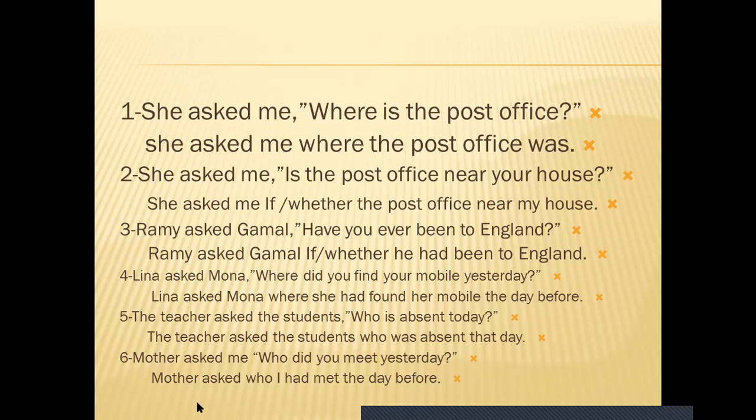Here I'm going to write the subject pronoun: mother asked me who. Here you means me, so I, who I, and the verb here is didn't meet. Didn't meet equals met. It is in the past, so I'm going to change it into past perfect. So who I had met, and yesterday will be the day before. Clear?